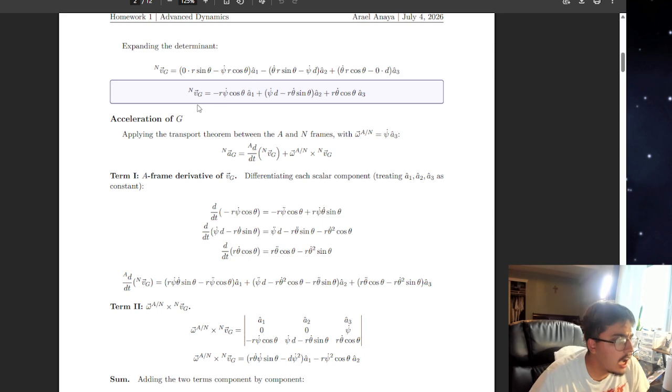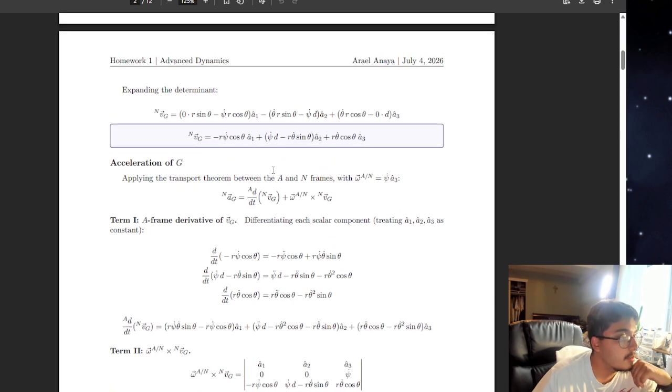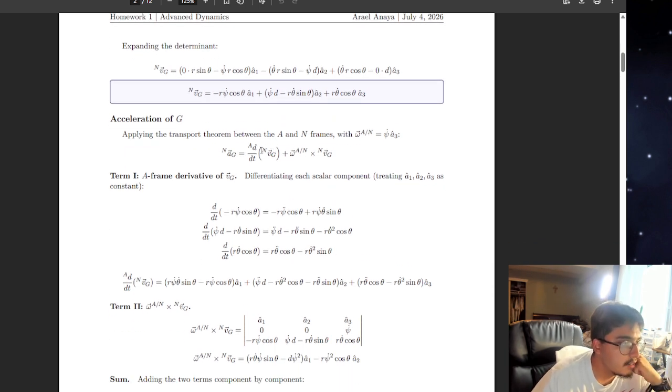Then I applied the transport theorem again to the velocity vector to figure out what the acceleration should be. So first we have our velocity term with respect to time, and we have to take the derivative of that. What I did is I isolated each of the components and did the derivative. There was a little bit of nuance here in product rule and chain rule.